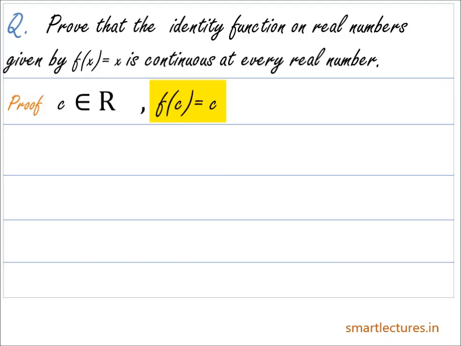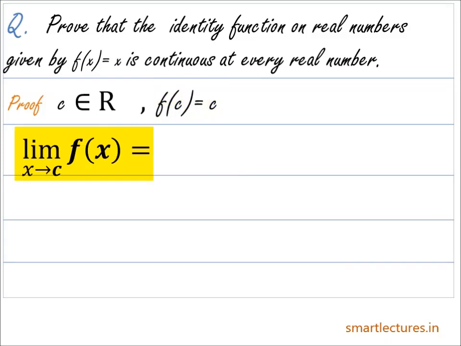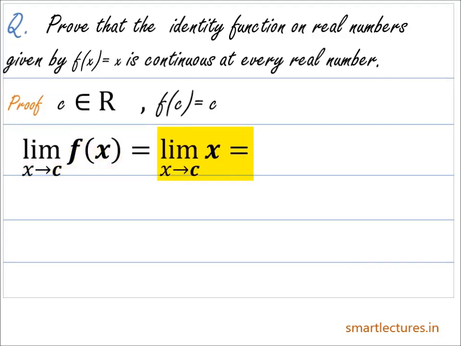Now let's find the limit of this function f of x equal to x at the point c. Now in case of the identity function, f of x is equal to x. So the limit becomes limit x approaches c of x, which is equal to c. So now in this case, the limit of the function and the value of the function at the point c are both equal to c.